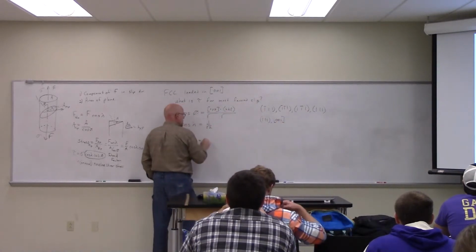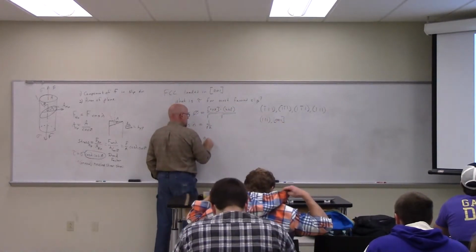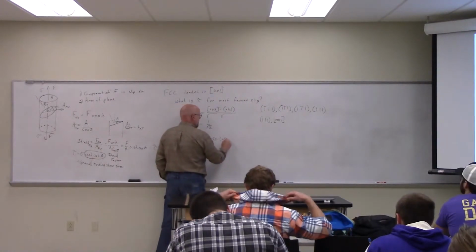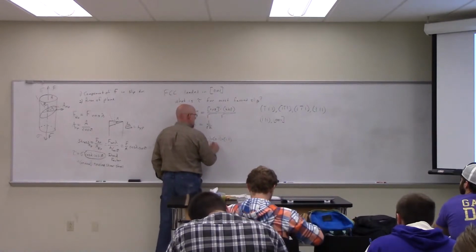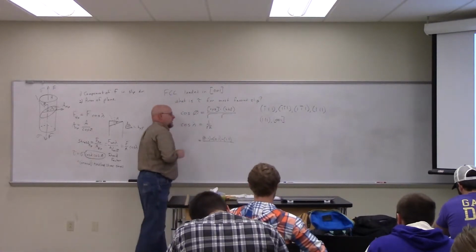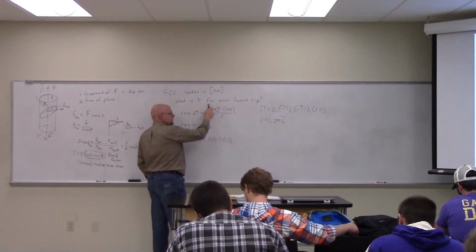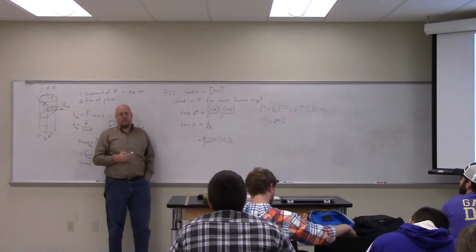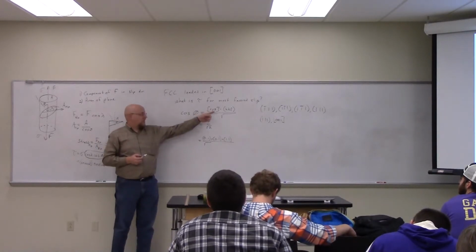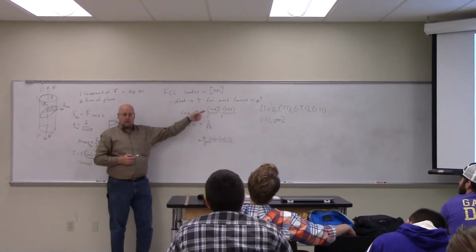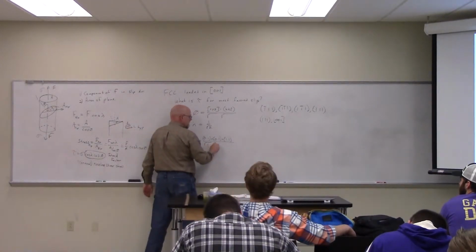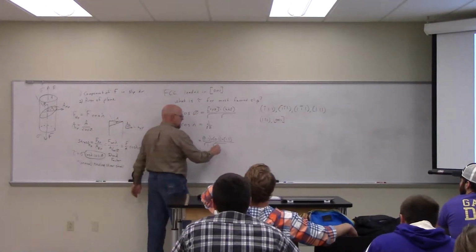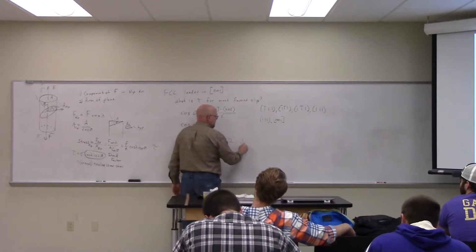So we have 0 times 1 plus 0 times 1 plus 1 times 1, all over the length of the direction vector. Square root of 1, and the length of the plane vector? Square root of 3. That gives me 1 over the square root of 3.